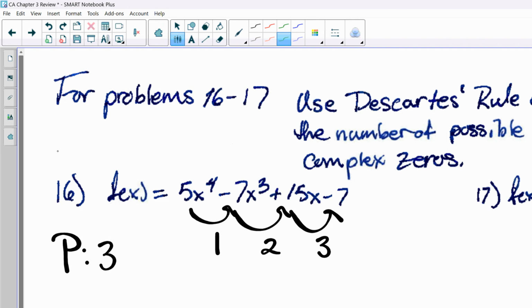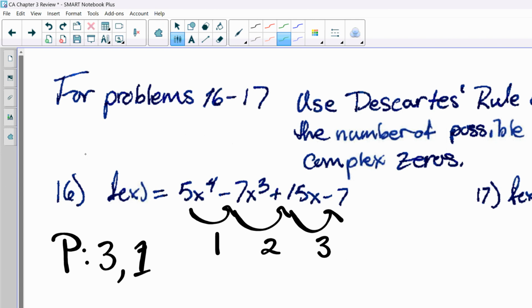So the most possible positive zeros is 3, or less than it by 2. So 3 minus 2 is 1. We can't subtract 2 from 1 and get a positive number. So 3 or 1.